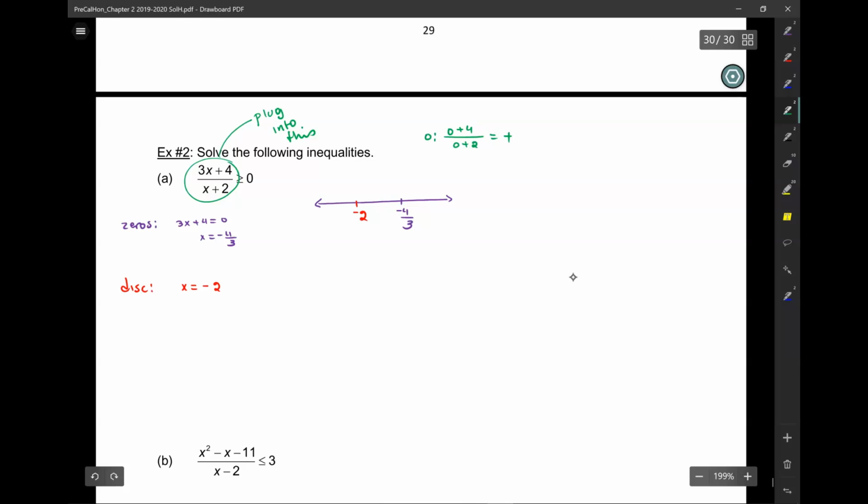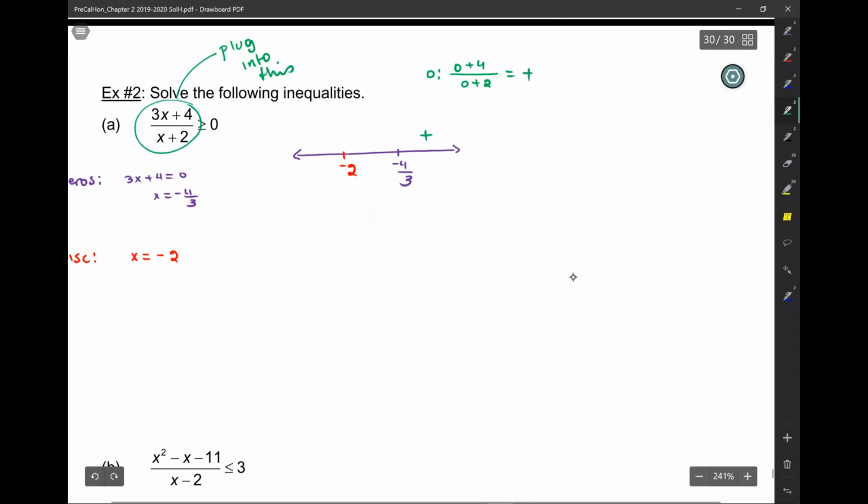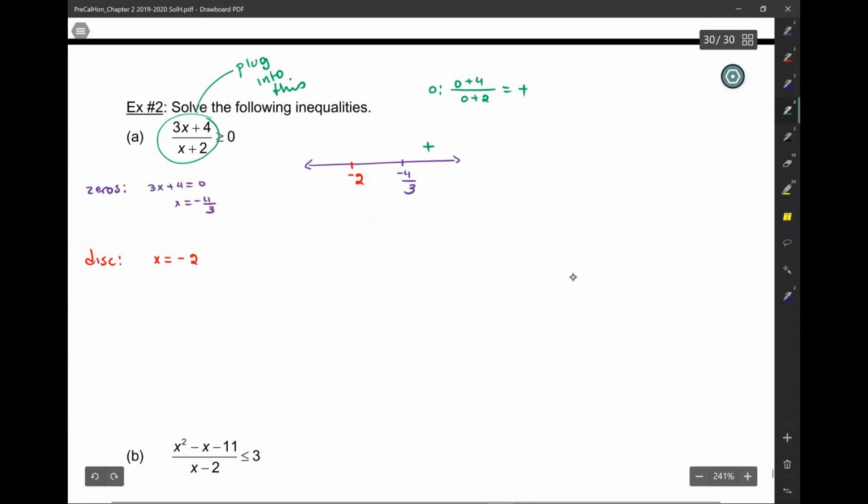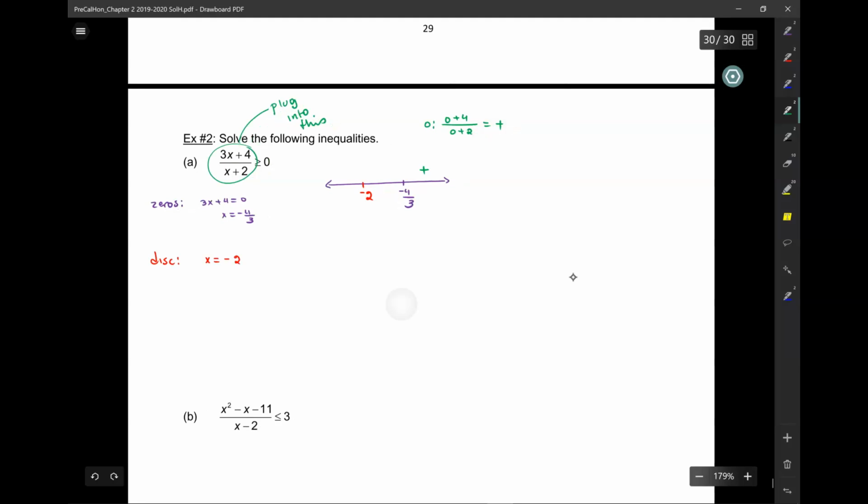All I care about is it's a positive. So, in the region where 0 exists, this is positive. Where did we get the -4/3? Here. Multiplicity of 1, odd. So here it changes to negative. -2 came from the denominator. Multiplicity of 1 changes to positive. Okay? And there you have it.